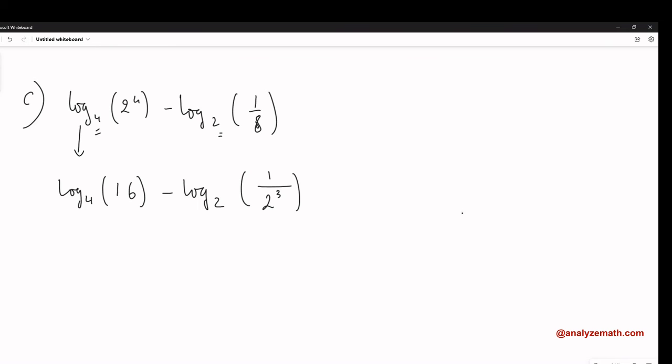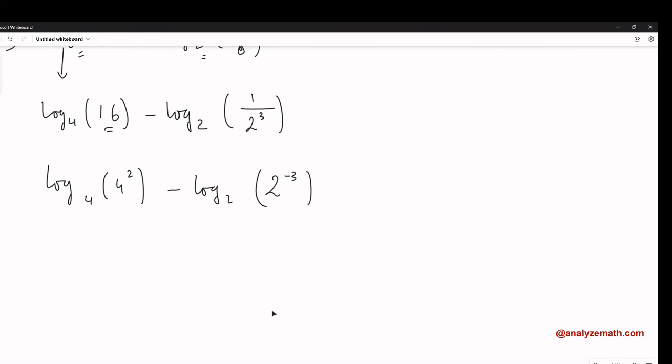Good. Now let's try to express 16 as 4 to the power 2. 4 to the power 2 equals 16. Log base 2. Now 1 over 2 to the power 3, using the negative exponent, can be written like this. And now we can simplify.